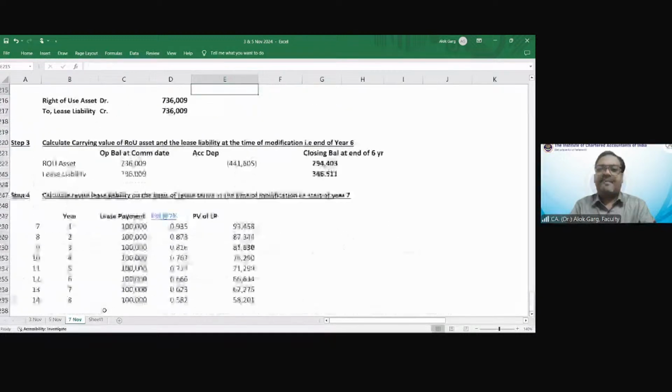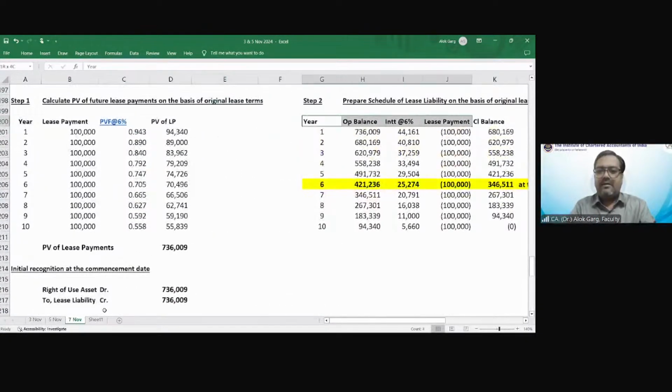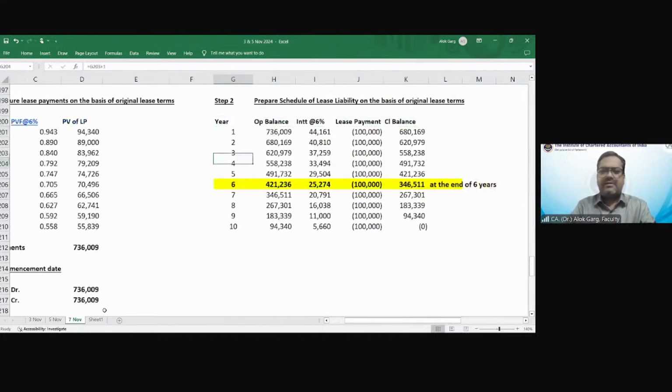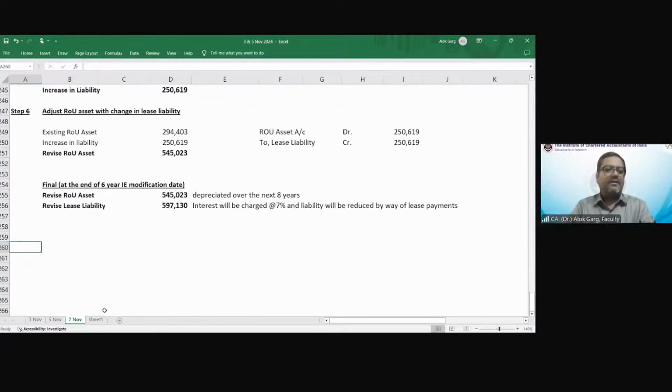Okay. So very simple. Depreciation part is okay? So for the sake of benefit to everyone, let me write accounting subsequent to modification.